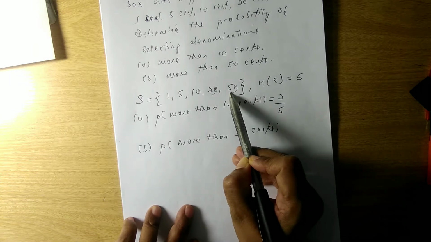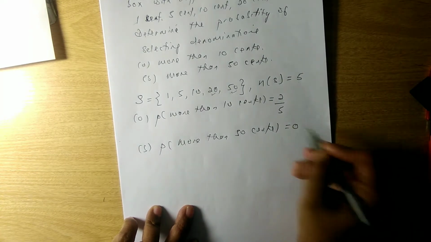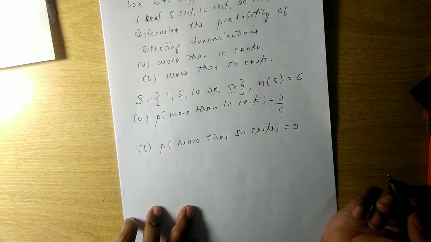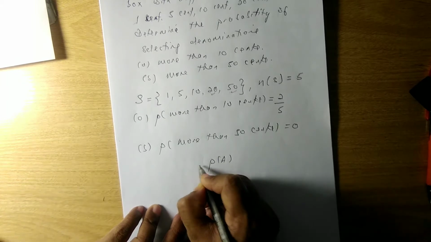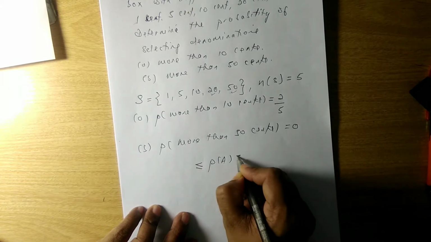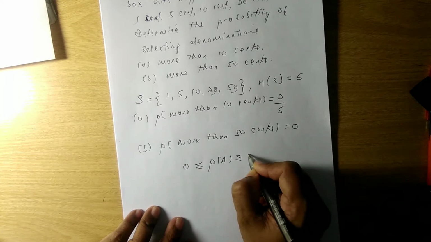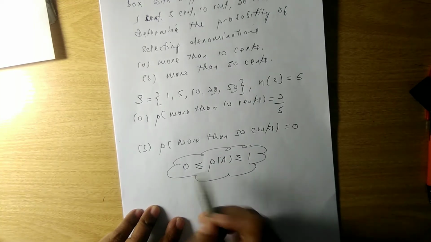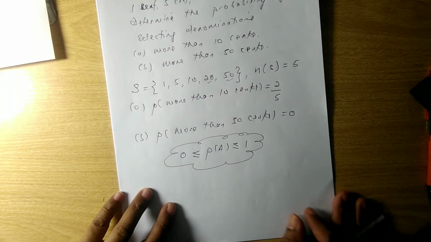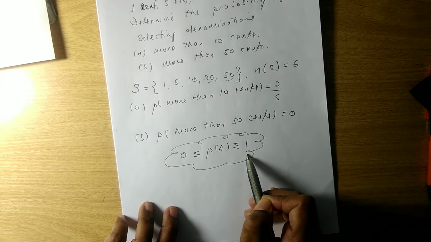For any probability that we are looking at, probability is always in the range of 0 to 1. So it's always a positive value, nothing less than 0 and nothing more than 1. The maximum is only 1.